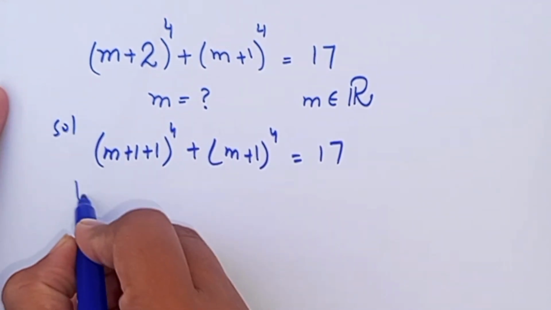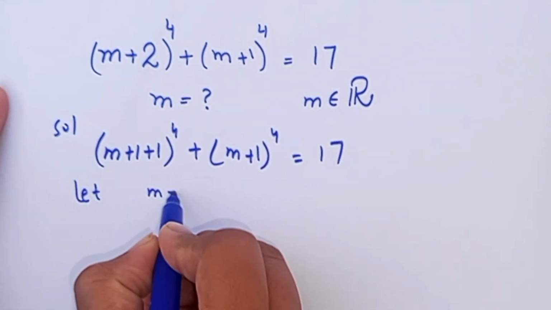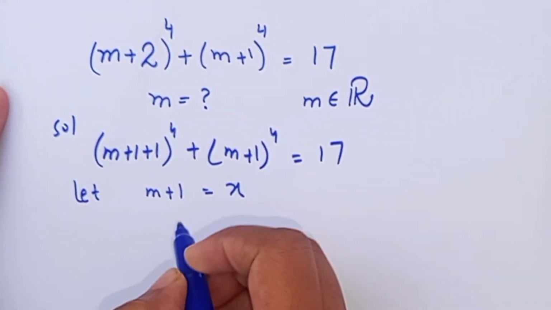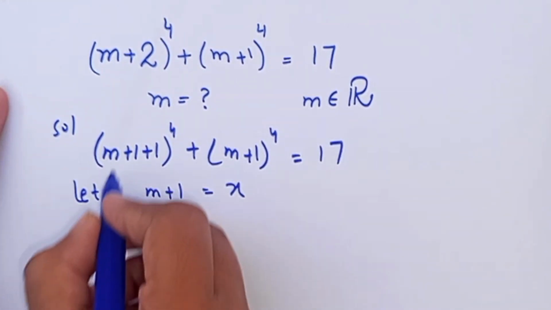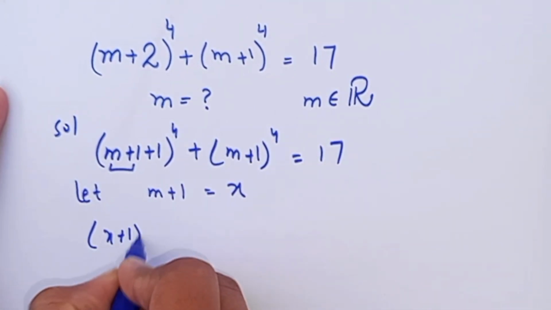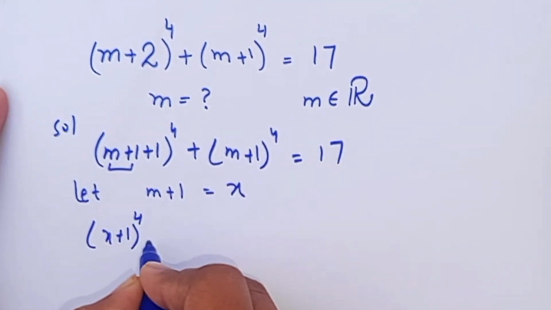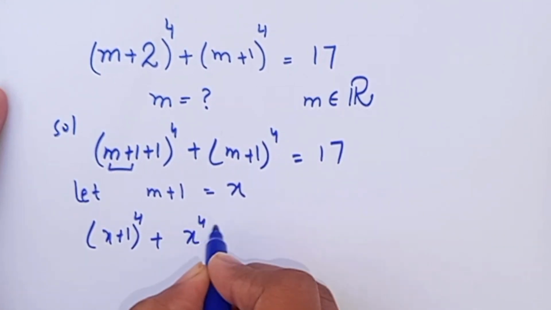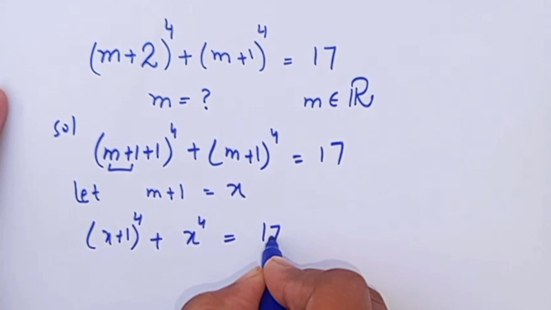So we let m+1 equal x. Then the above equation will become (x+1)^4 + x^4 = 17.